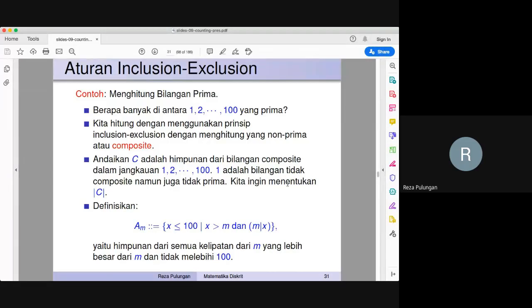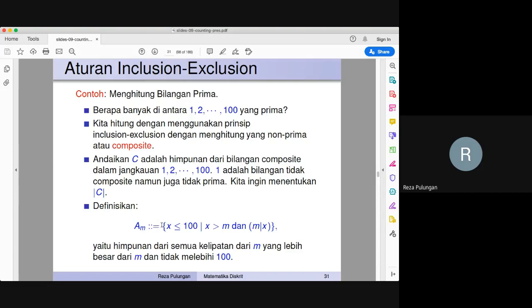We want to determine the cardinality of C. So how do we compute the cardinality of C? Remember, C is the set of composites. Composite means that it must be a multiplication of something. So we will define this one.